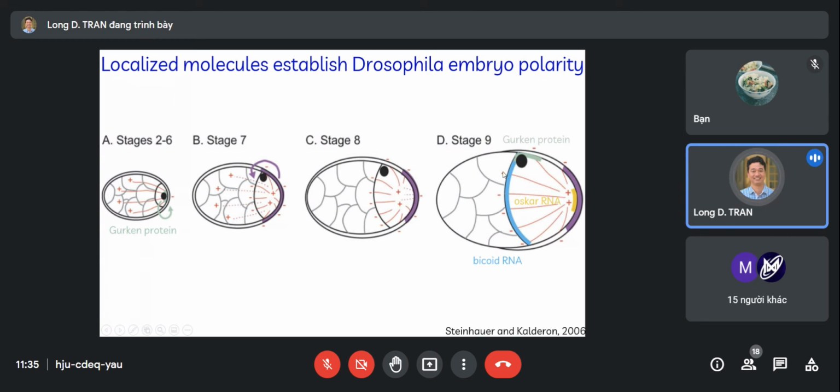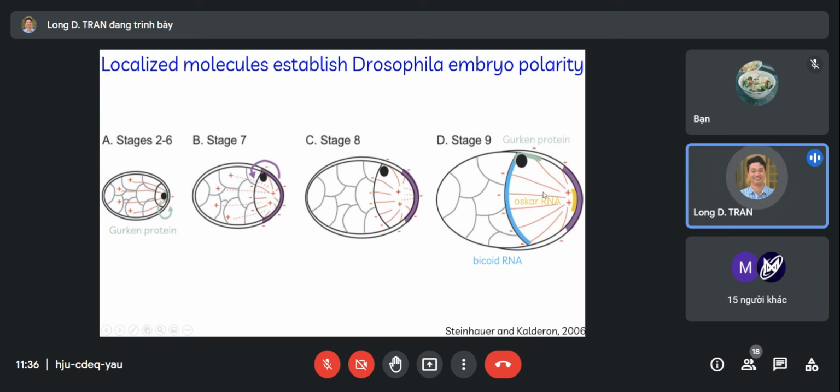It will become the dorsal side. This is the dorsal side. And the movement of the nucleus here is dependent on the microtubule. People had already observed the pushing of the nucleus by microtubule toward the future dorsal side.